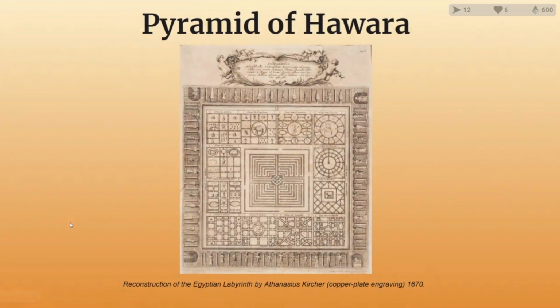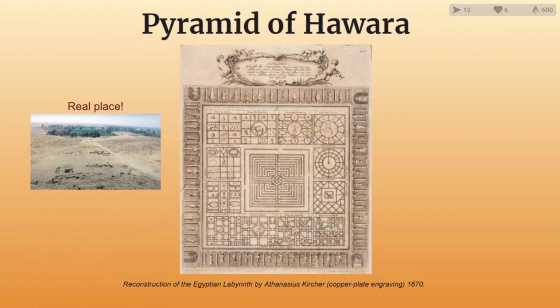The Pyramid of Hawara, as depicted here by the German scholar Athanasius Kircher in a copperplate engraving, is in fact a real place. It was discovered, unlike the Labyrinth of Knossos, in which there is no archaeological evidence that it actually existed. This one did.